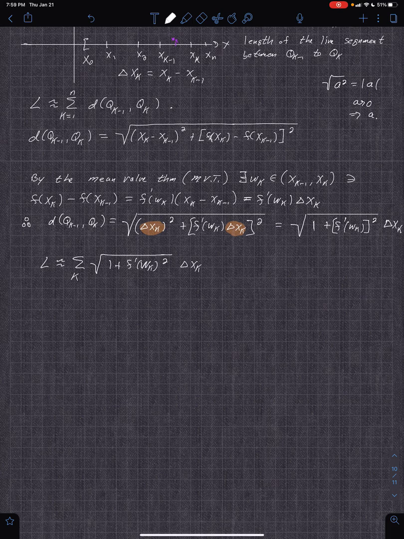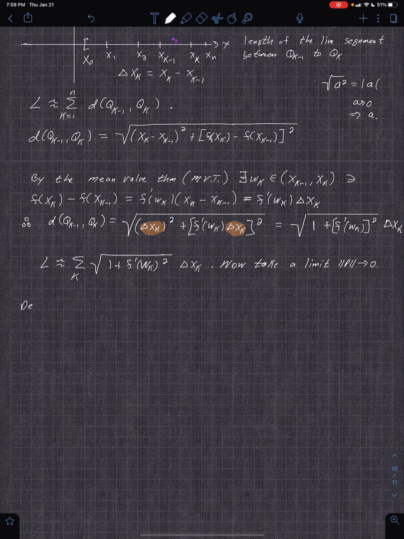The length of that curve is approximately the sum of all those. So that's what you do. So now take a limit as the norm of the partition approaches 0. And you get the definition.